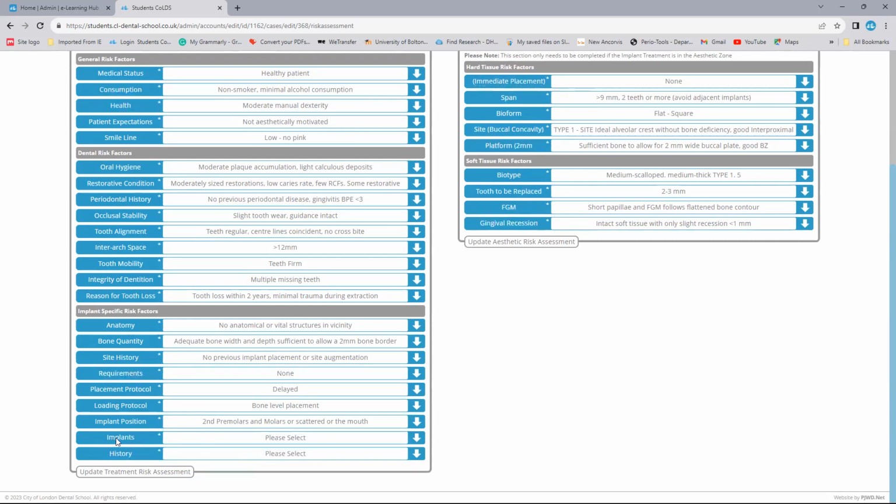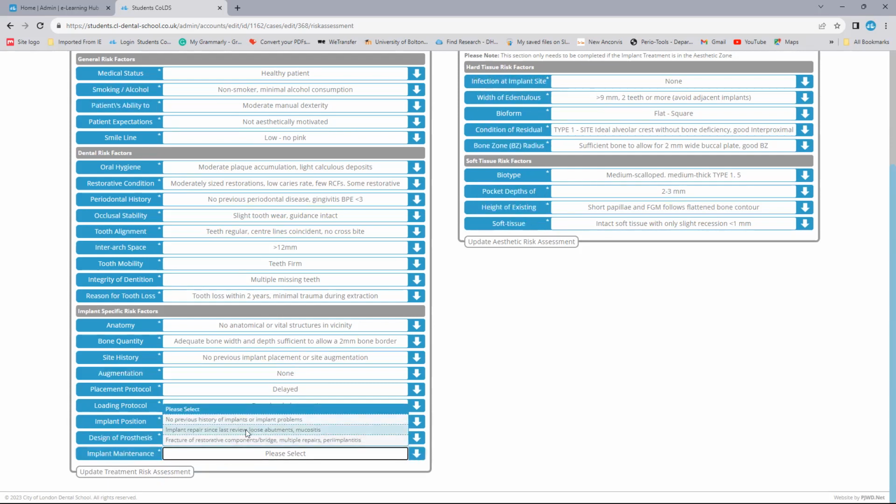Design of the prosthesis. And we click on the arrow and you've got a single small posterior bridge supported by 2 to 3 implants. That's the one. And the last one is implant material was metal ceramic, wasn't it? That's right. So fracture resistant components, multiple repairs.